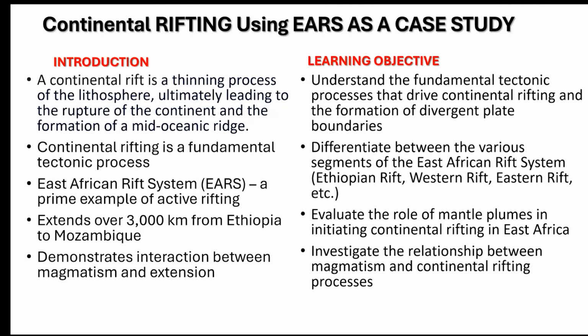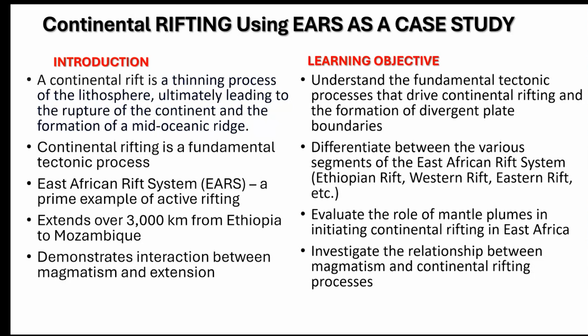When these plates move relative to each other, we have transform boundaries, like the San Andreas Fault. Now, when these plates move away from each other, we have divergent boundaries, which give rise to rifts. An example of it is the East African Rift System.